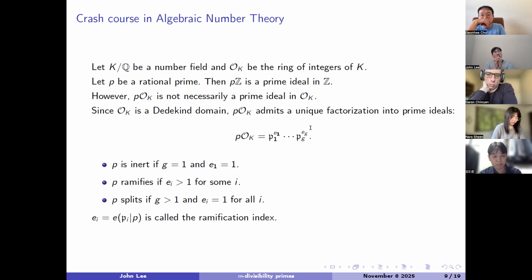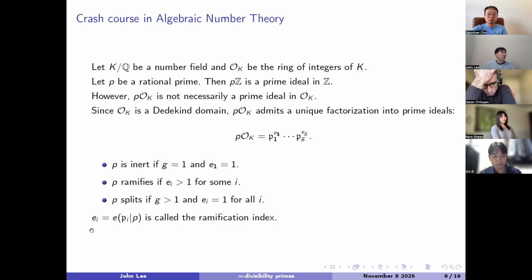As long as you see one prime factor dividing POK with a non-trivial exponent, then we say this P ramifies in this field. And case number three, split. If you have multiple prime ideals on the right-hand side, and all the exponents are 1, none of them greater than 1, in this case we say P splits.